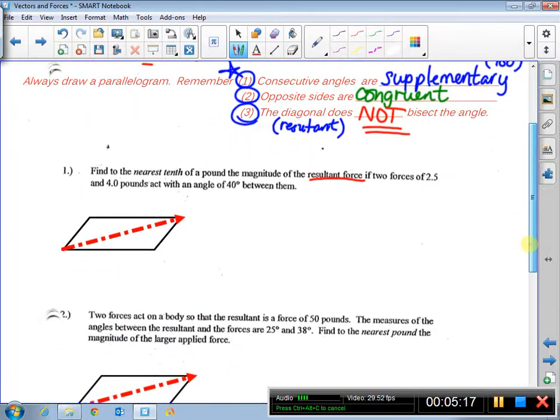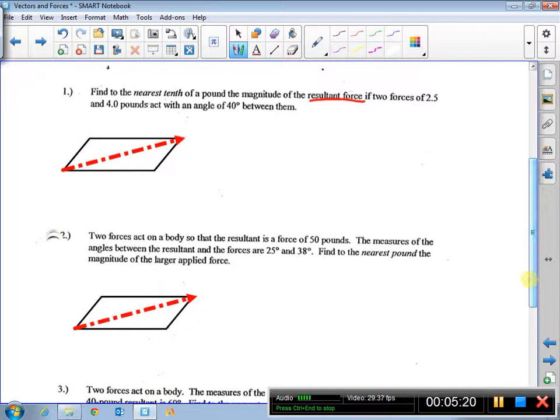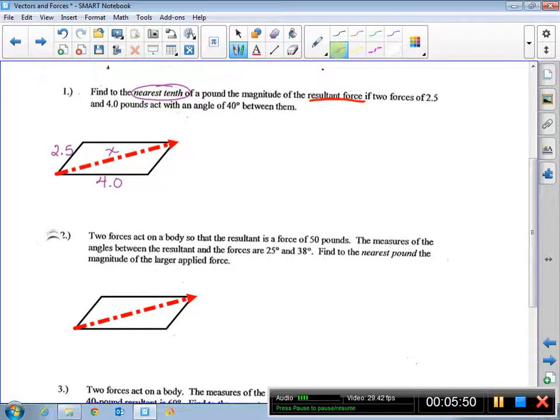Let's do this first problem and see what we've got. It says find to the nearest tenth of a pound the magnitude of the resultant, so we'll be looking for that, if two forces of 2.5 and 4 pounds act at an angle of 40 degrees between them. Okay, so there we go.